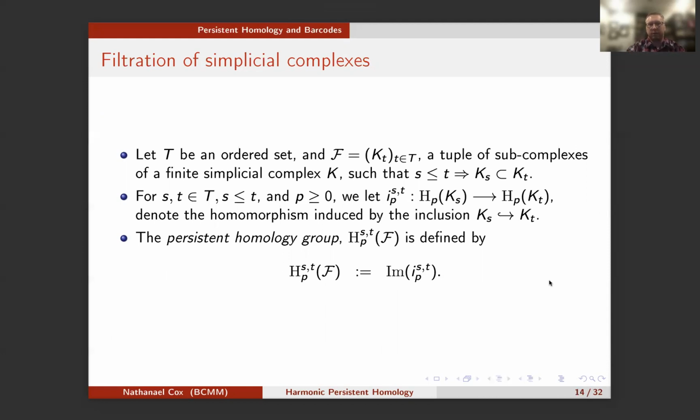So if T is an ordered set, we call F a filtration if F is a tuple of subcomplexes of a finite simplicial complex, such that if s is less than or equal to t in your ordered set, that implies that K_s is a subset of K_t. And because all of these spaces are inclusions of one another as we are increasing in the ordered set T, we can induce by inclusion a map on homology, i_p^{s,t}, and we define the persistent homology group to be the image of this map i_p^{s,t}.